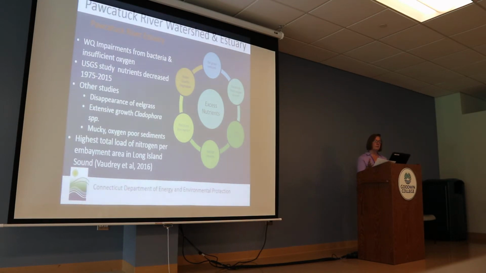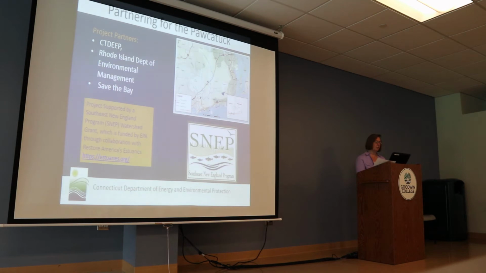So we thought we had partners, we have some information, we have a need. We're going to start with Pawcatuck as a demonstration project. So right now, our first partners were the Rhode Island Department of Environmental Management and Save the Bay. We have reached out to Wood Pawcatuck Association, and we're still building that coalition.